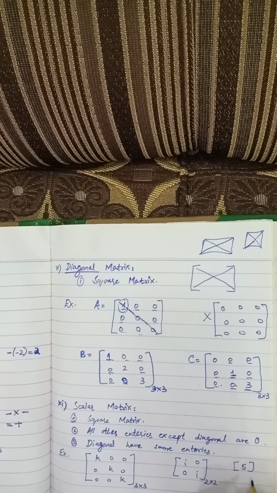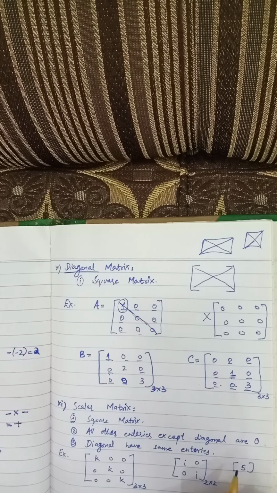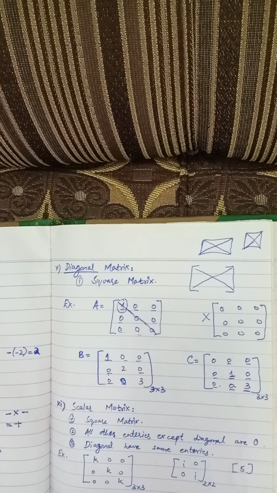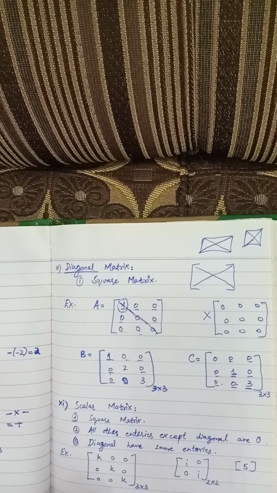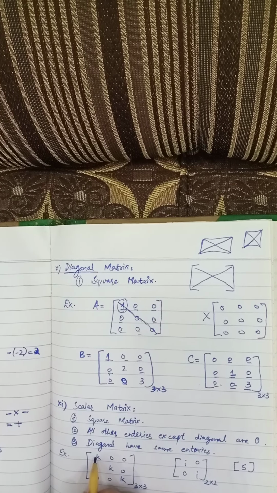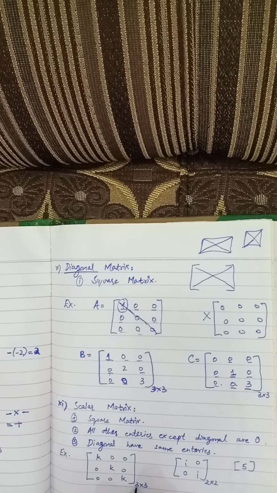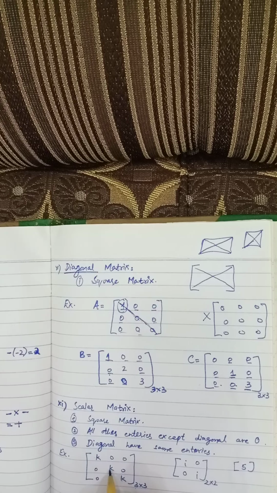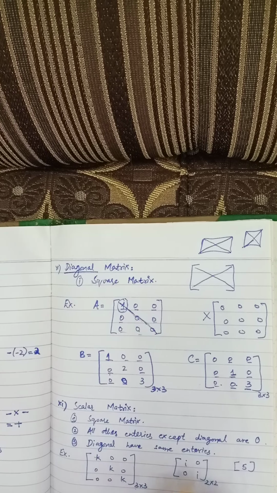And this is also a scalar matrix of order 1 cross 1, 1 by 1. Because the number is repeated. The order, number of rows and columns, are the same. All other entries except the diagonal must be 0.